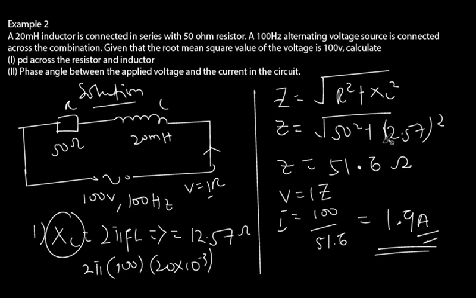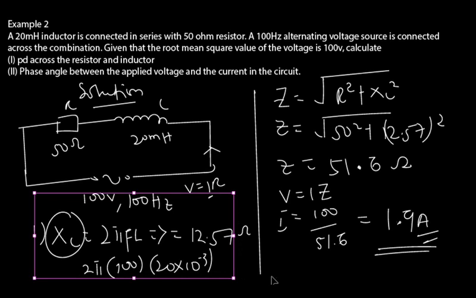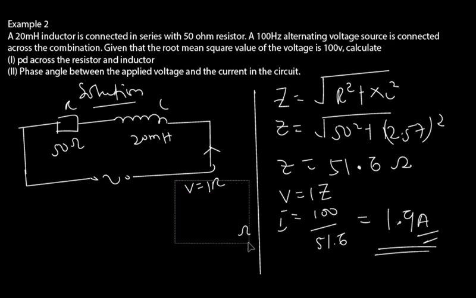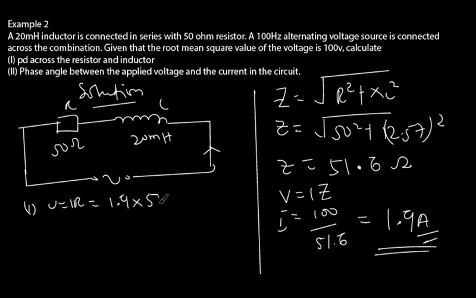So that is what we did by finding the current over here. So with that being done, let's now answer what the first part of the question is actually asking us to do. So across the resistor, we have V is equal to IR. So we have our current, which is 1.9, times 50. Okay, so we have 1.9 times 50, and then this will give us 97 volts.